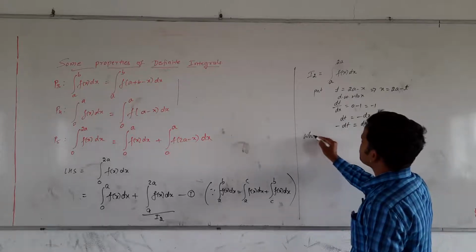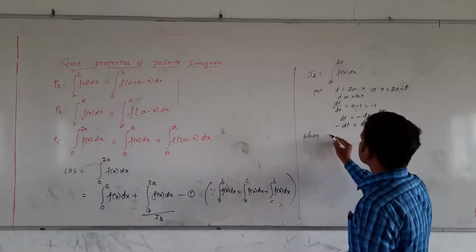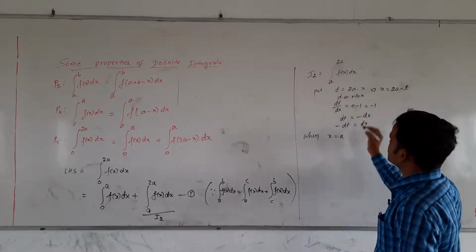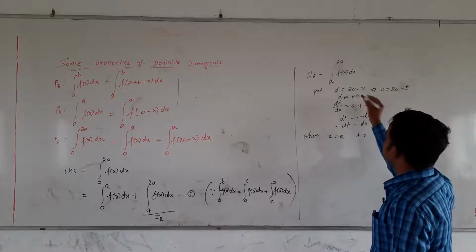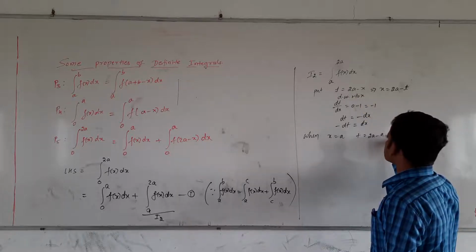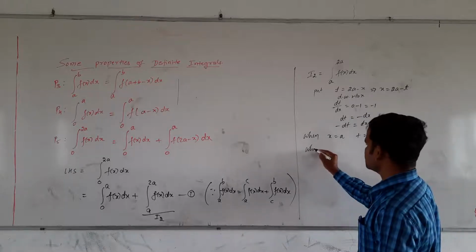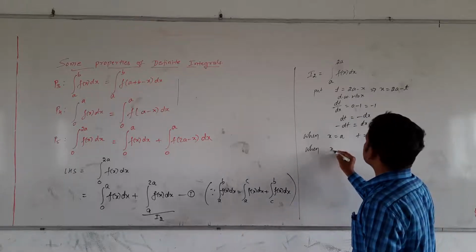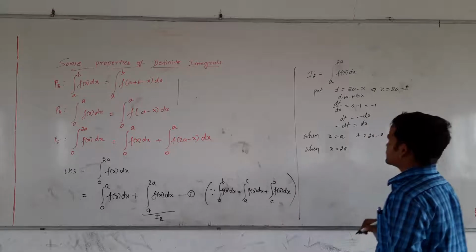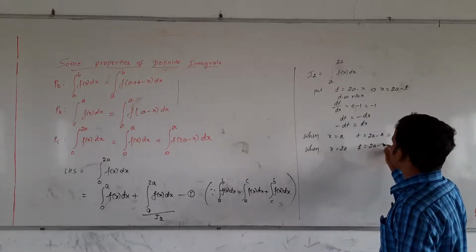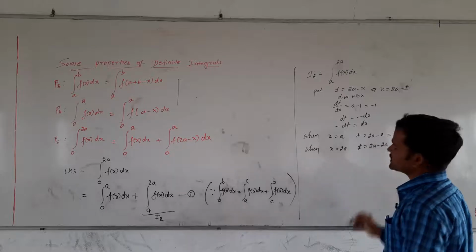What happens to the upper limit and lower limit? When x is equal to a, that is the lower limit, t is equal to 2a minus a, so we are getting a only. Next, when x is equal to 2a, that is the upper limit, t is equal to 2a minus 2a, which is 0.